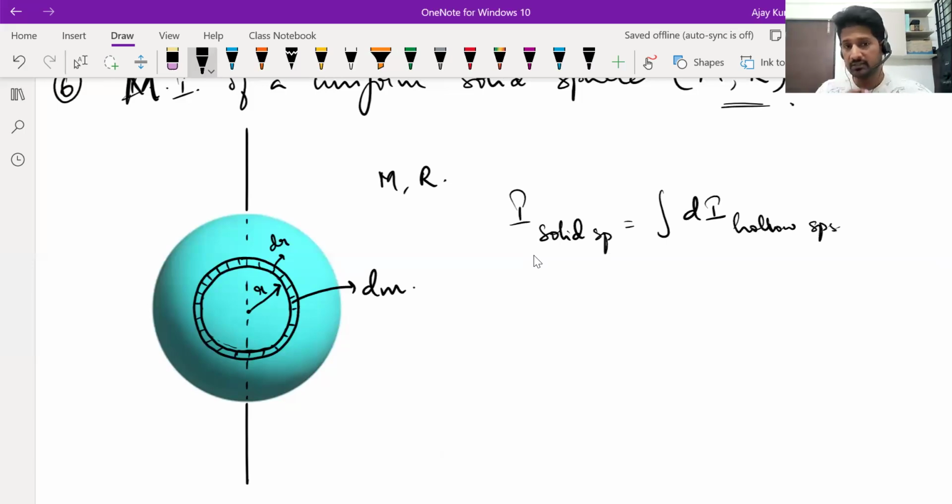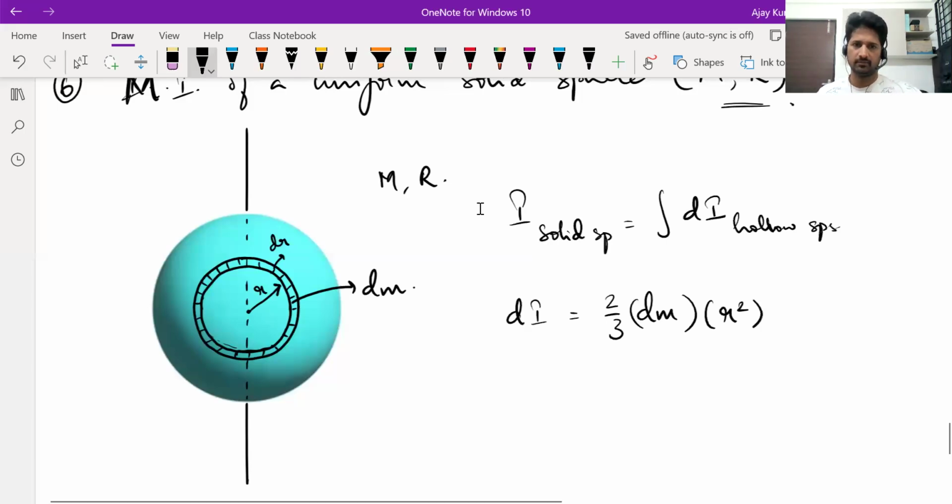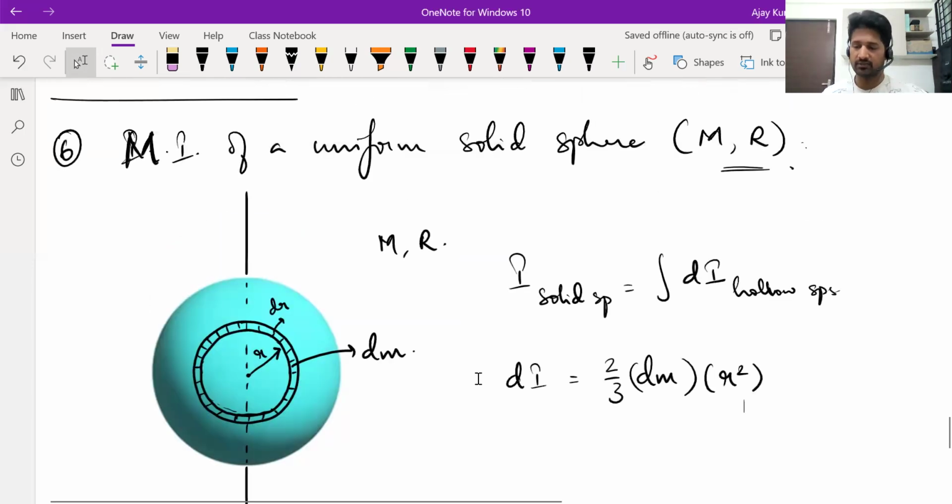Okay, so we need an expression for the moment of inertia of the hollow sphere. And we just derived that the moment of inertia of a hollow sphere about an axis passing through its center is 2 by 3 mr square. Here it becomes 2 by 3 into dm multiplied with the square of the radius of that particular hollow sphere. And to integrate this, we need to express dm in terms of dr. And what kind of mass distribution is a solid sphere?